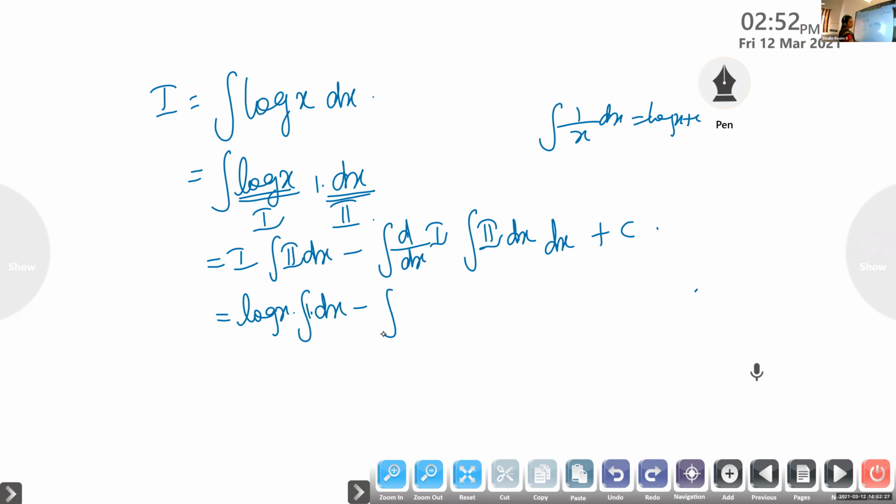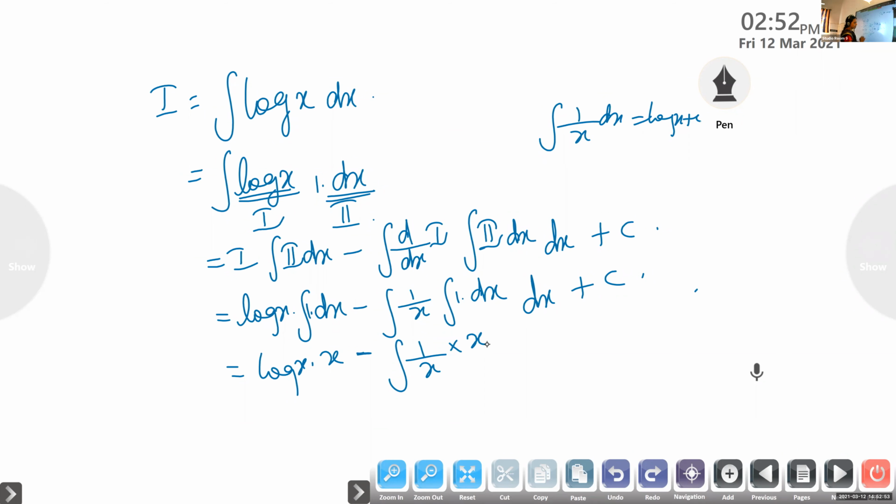What is derivative of log x? 1 by x, into integral of 1 into dx, dx, plus c. That is log x into, what is integral of 1 into dx? x, minus integral of 1 by x into x dx plus c.